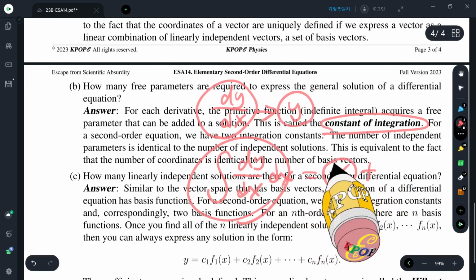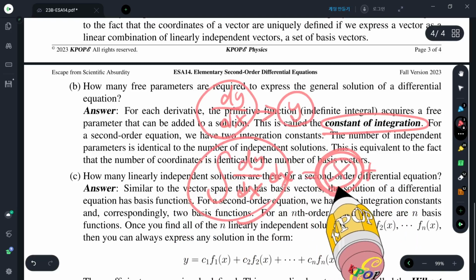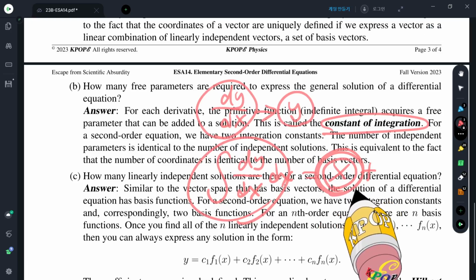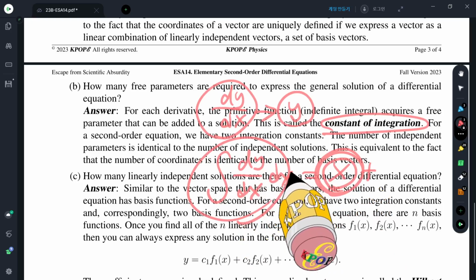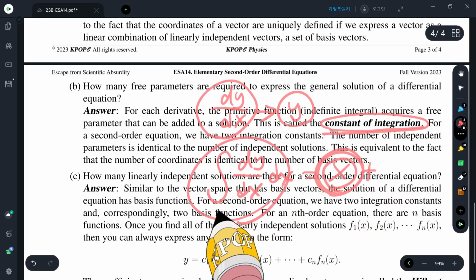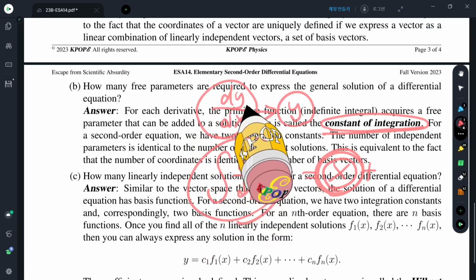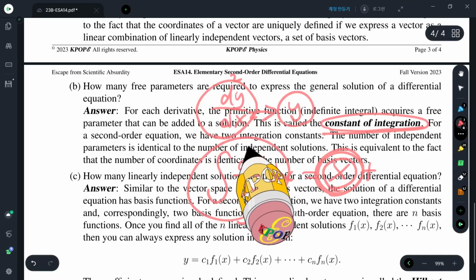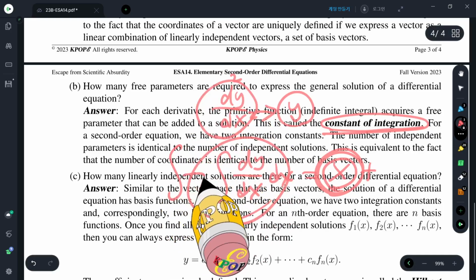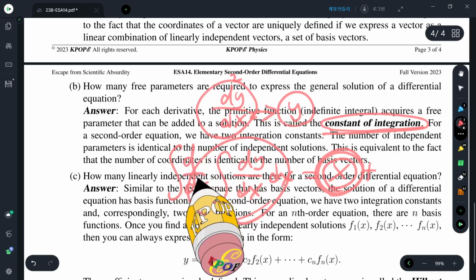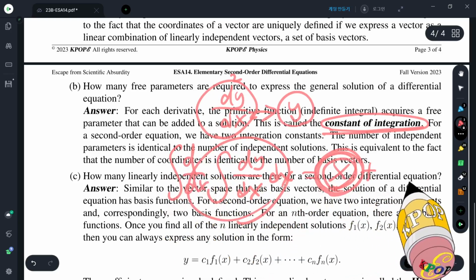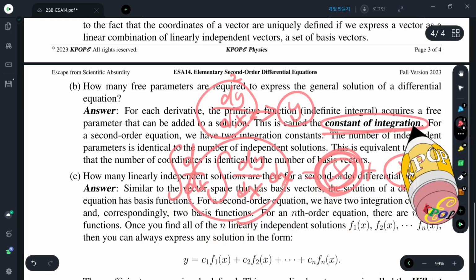You have an arbitrary constant that can be added in the primitive function. Therefore, for each integral, you have a constant of integration. If you have a double derivative, you need to integrate twice. Then you will find another integration constant.